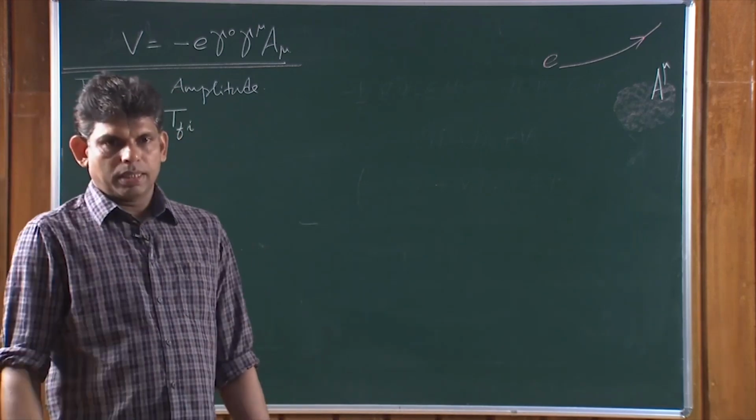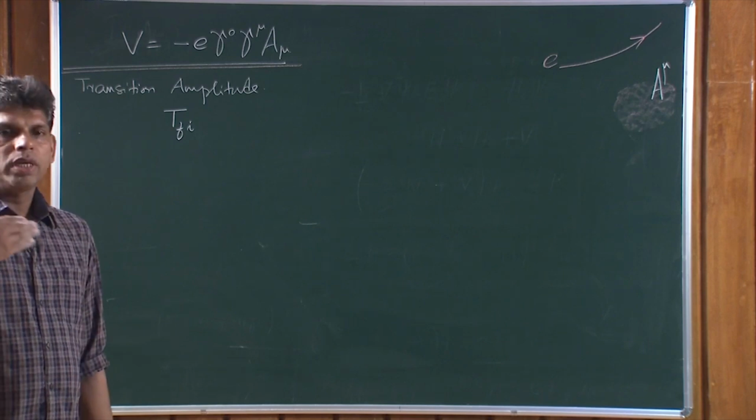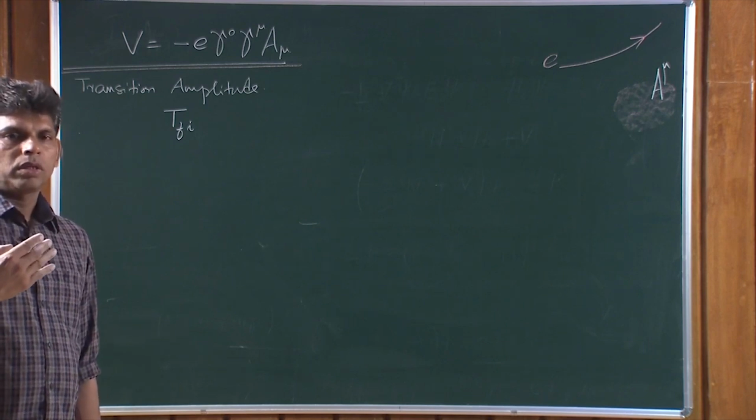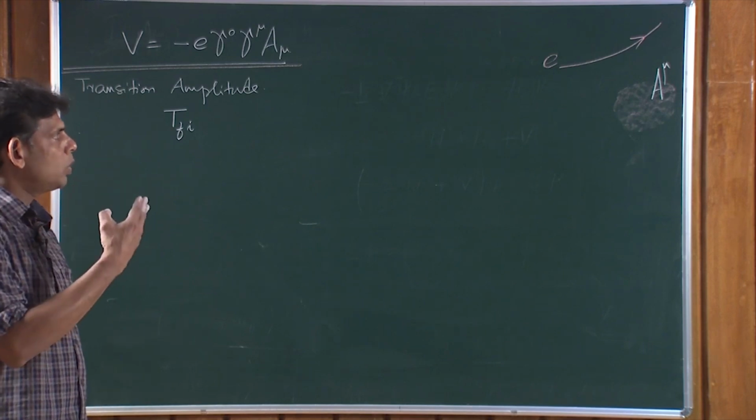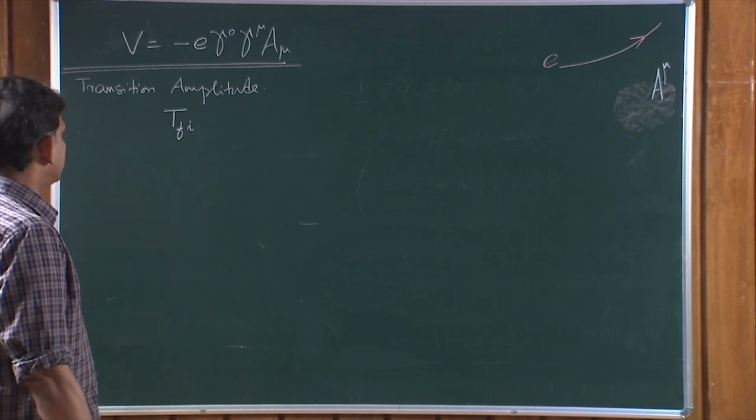probability to see an electron interacting with A mu and scattering off with some final result.